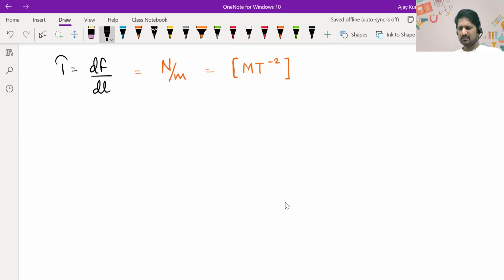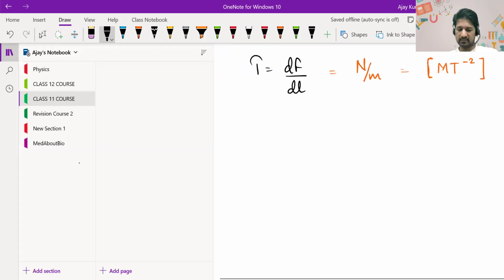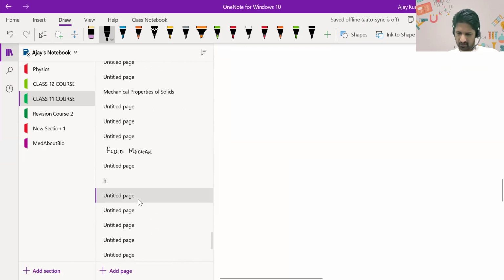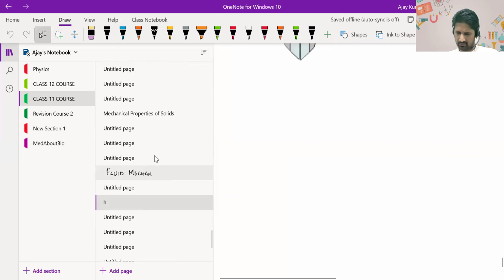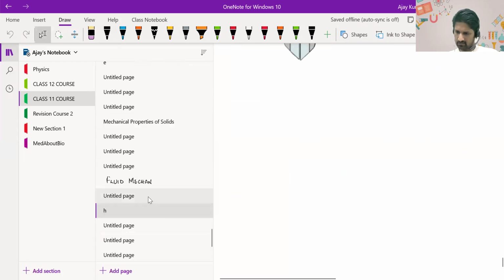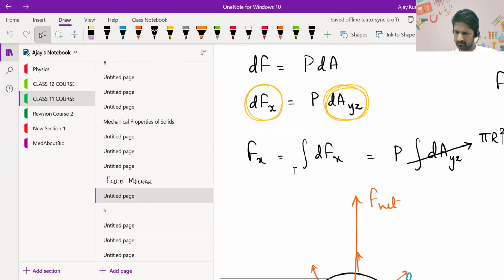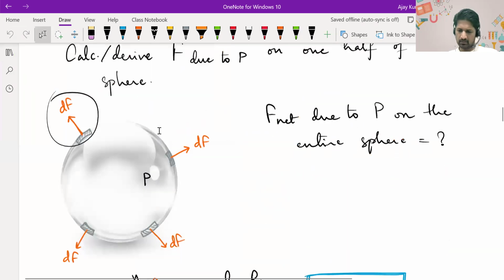Now let's briefly recollect how we calculated the force exerted by pressure on a surface. Pressure by definition is perpendicular force per unit area. So suppose there is pressure acting over an area, the area experiences force perpendicular to every element of the area.